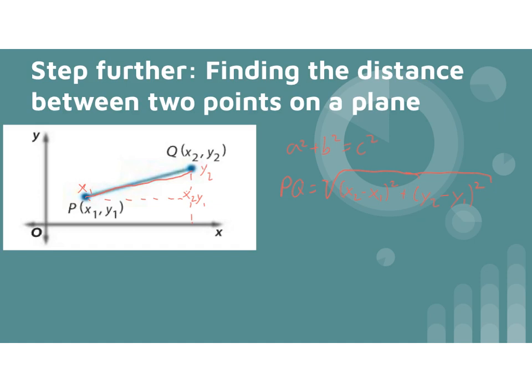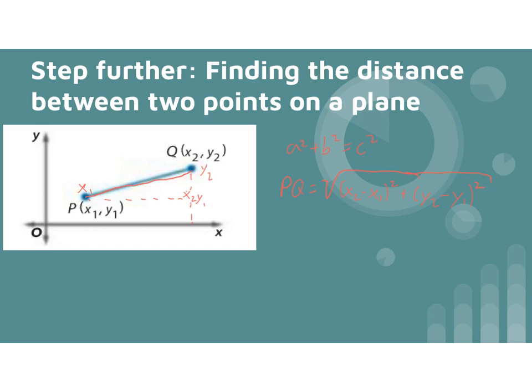coordinate plane. So when we're thinking about it in 2 dimensions, this is our formula. And we're going to use this formula a lot more than we would in just the number line. But you can use this formula even if it is on a number line.